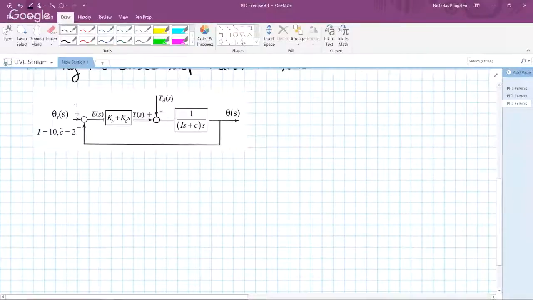So the first thing I'm going to do is define the error function, which is going to be theta sub r of s minus theta of s. Pretty easy.